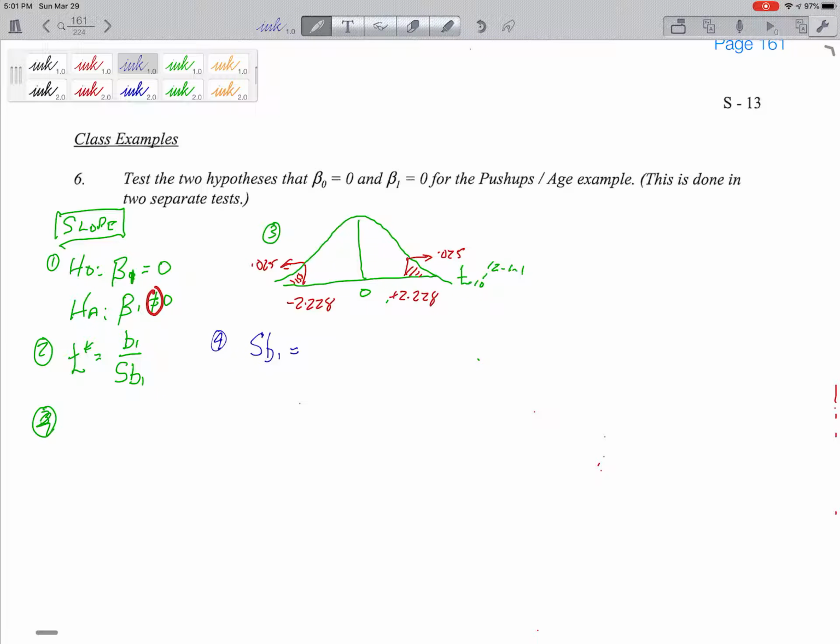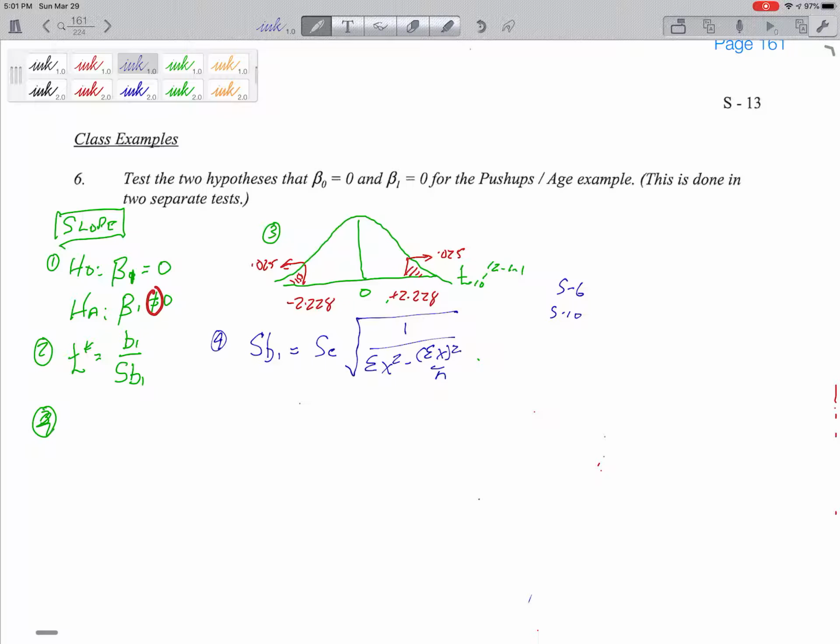So the SB1 value is equal to the SE times the square root of 1 over the sum of the x squares minus the sum of the x's squared over n. And I'm using, let's see, back on page S6 and also S10.